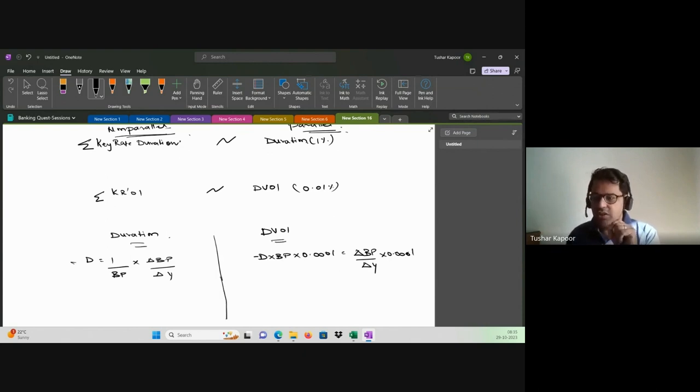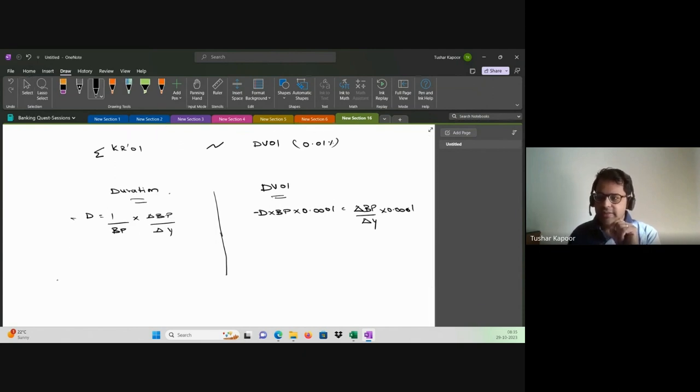All we need to change is we will start calling this key rate duration, and the bond price will have an impact of the 1 basis point change. This change in yield will track around a 1% change on the key rate, not a parallel shift in the curve.